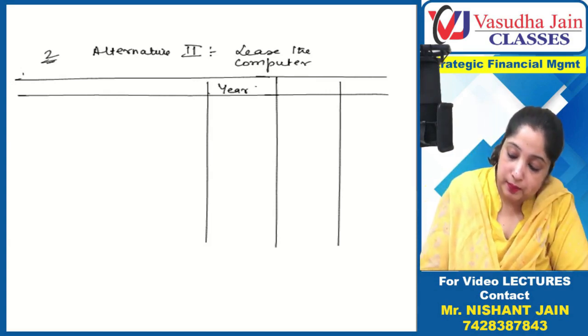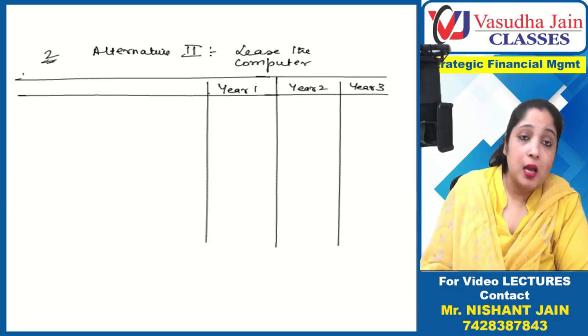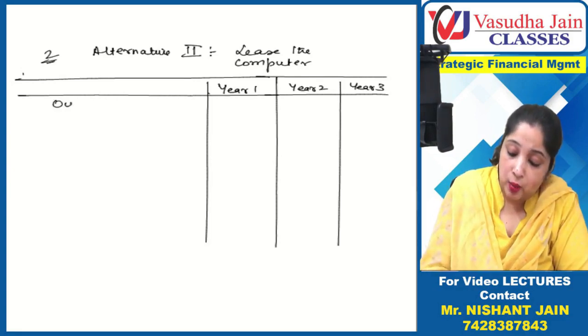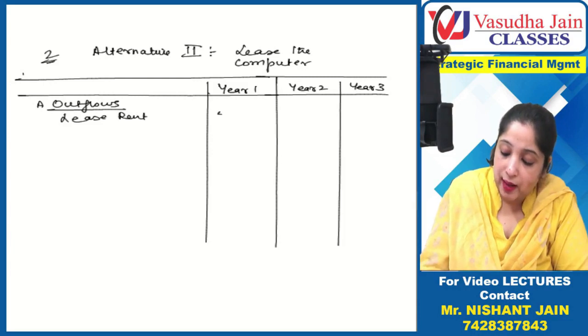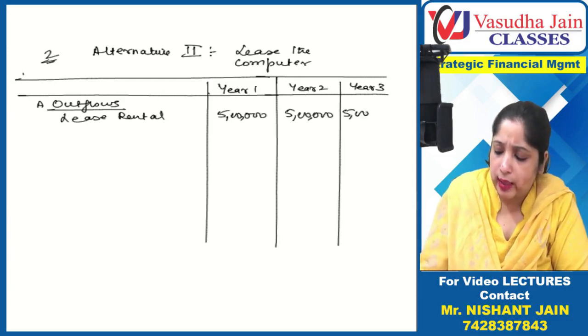Year 1, year 2 and year 3. Now what are the outflows that are going to come? Outflows. Every year you have to pay the lease rent of 5 lakh. So write that 5 lakh of lease rent. Whatever the outflows, please write that.